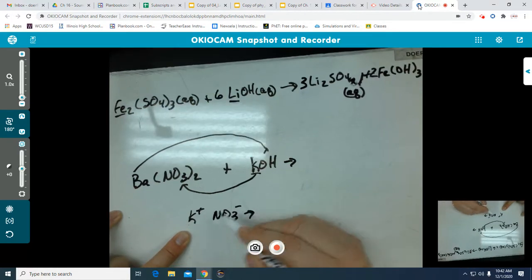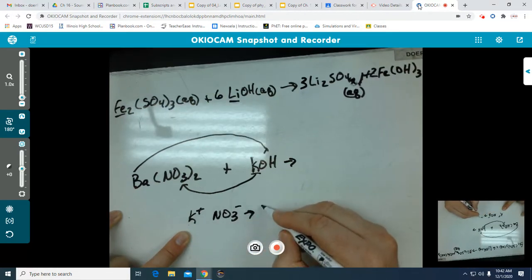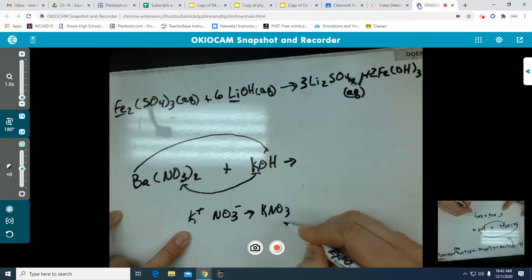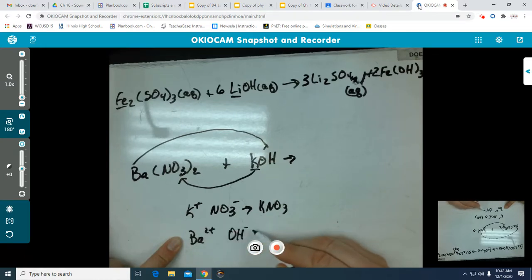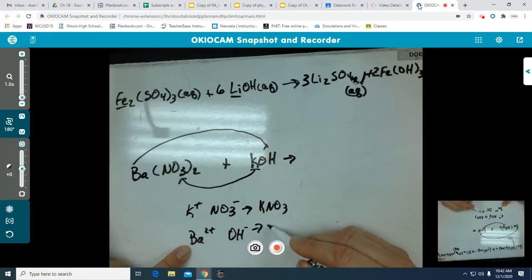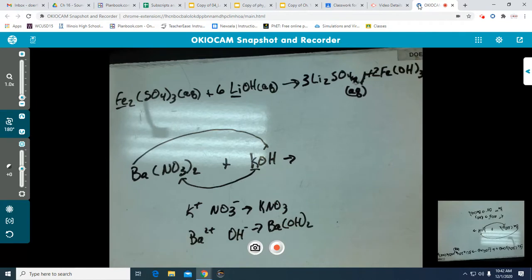When you combine them, you're going to get KNO3. Barium is a 2+. Hydroxide is a 1-. When you combine them, you're going to get Ba(OH)2.